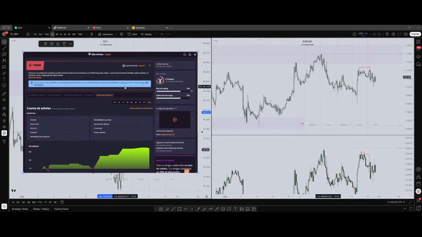So this is my Darwinex. I'm on the calibration phase. I need 4 days more to close this calibration phase. I made a 24% profit in these 11 days so far. You don't see profit here, but it's 24. Yeah.